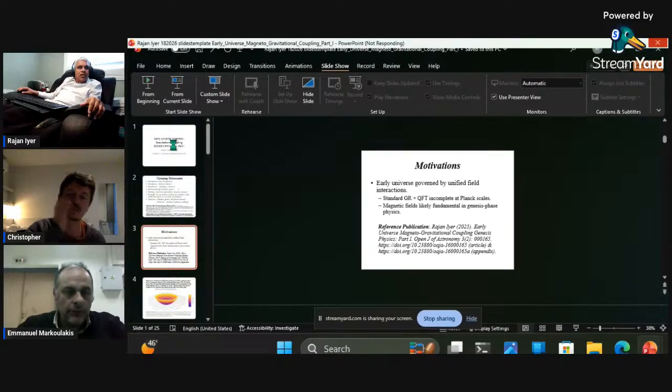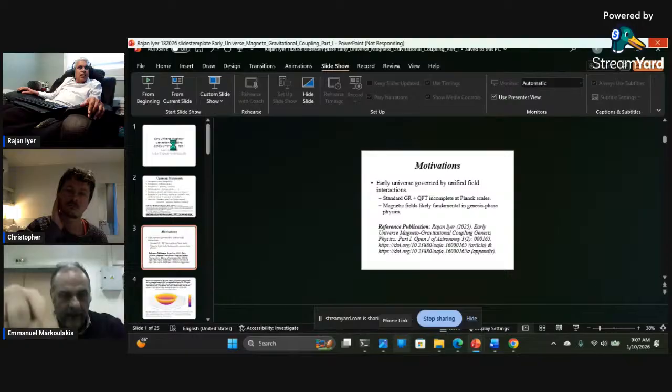Yes, Rajan, don't forget to make the PowerPoint full screen. Press the F5 button so it gets full screen, and get rid of the stop sharing thing at the bottom. Click the hide button. Then just start your presentation in the usual way, like start slideshow, and we'll let you know whether it's full screen or not.